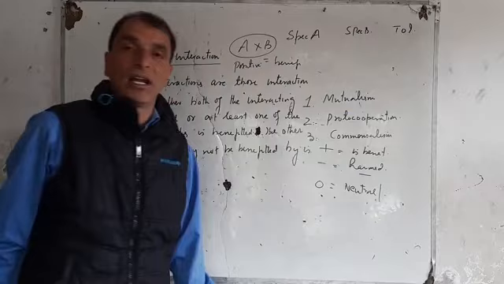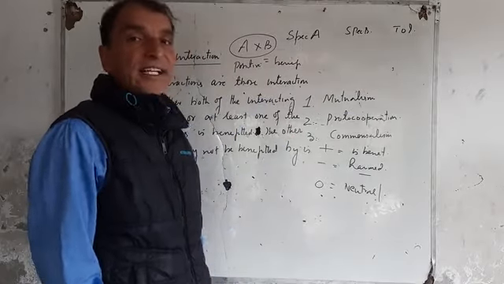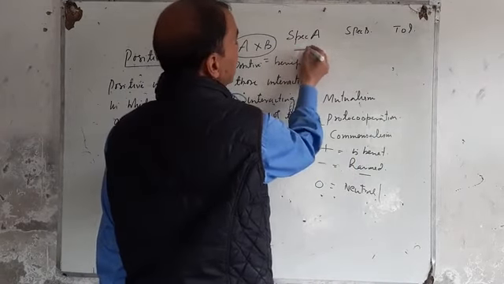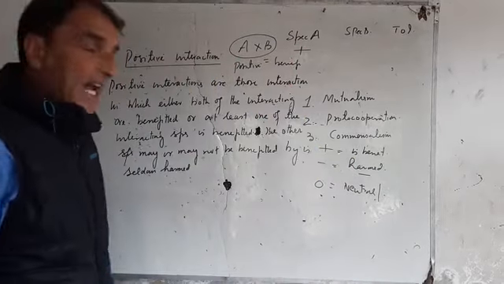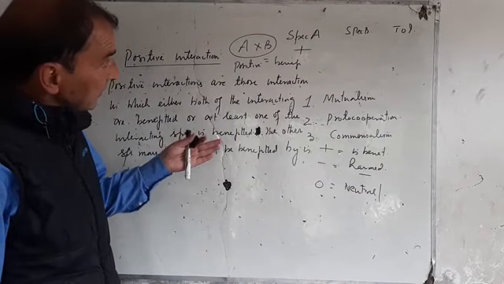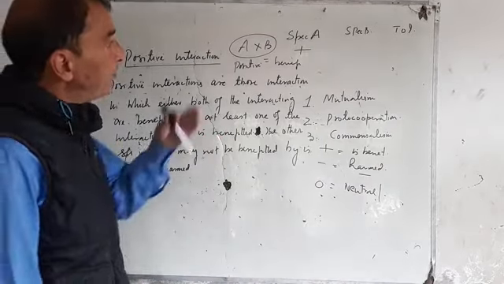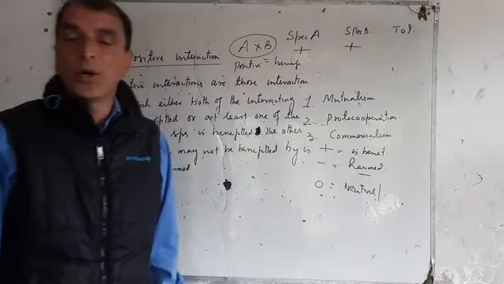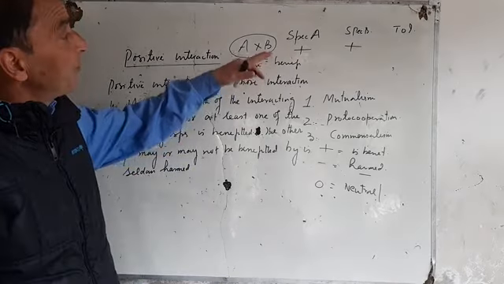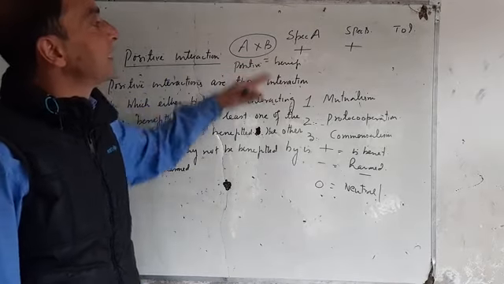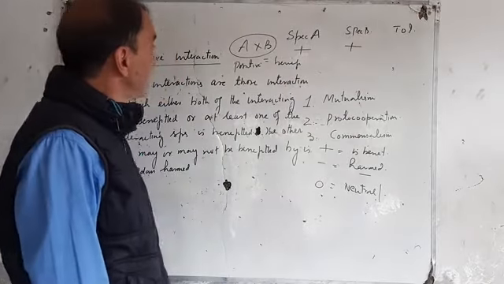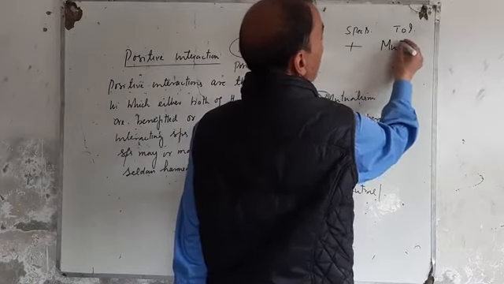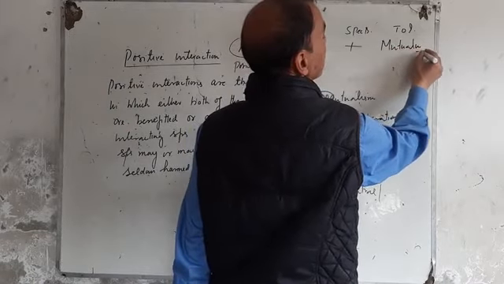Suppose in an interaction, A species is benefited. If it is benefited, we write plus. And in the same interaction, if B species is benefited, we write again plus. This type of interaction in which both of these species are benefited is known as mutualism. The type of interaction here is mutualism.